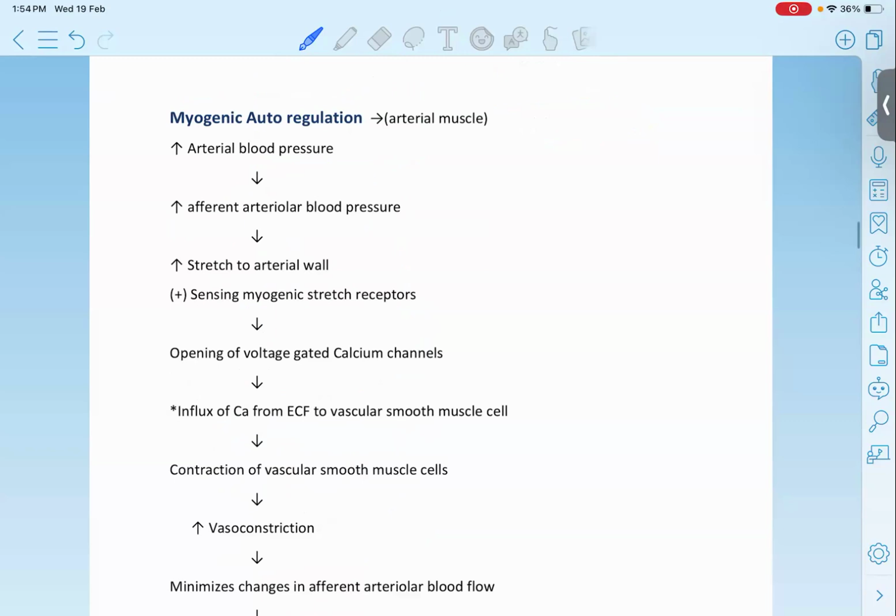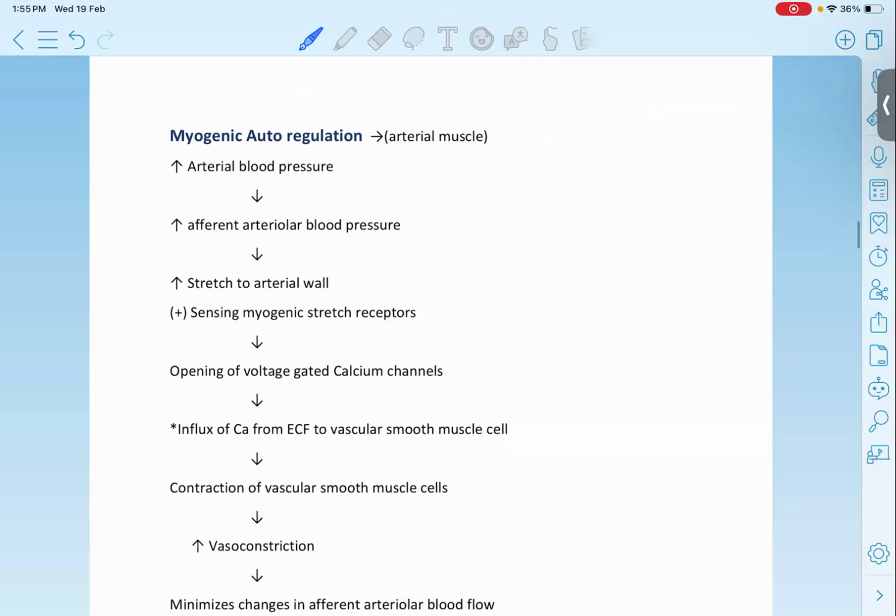The name will say it, so don't bother much. Myogenic means what? Myo means muscle. So that means something with the arterial muscle. So what would happen in myogenic autoregulation?